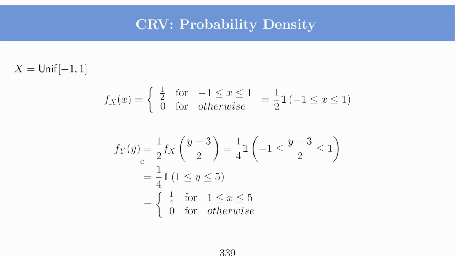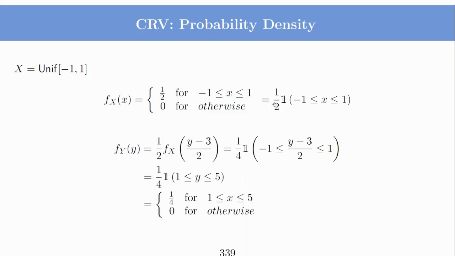So I get 1 by 2 times the indicator that -1 is less than or equal to (y minus 3) by 2, which is less than or equal to 1. And there is an extra half factor, so this will become 1 by 4. If you solve it further, this will give you 1 by 4 into the indicator that y should be between 1 and 5. So this means it is 1 by 4 when y is between 1 and 5 and it is 0 otherwise.